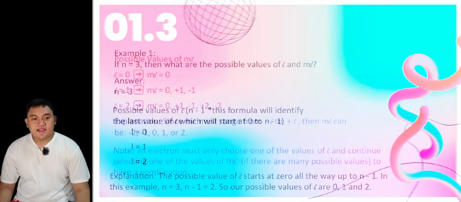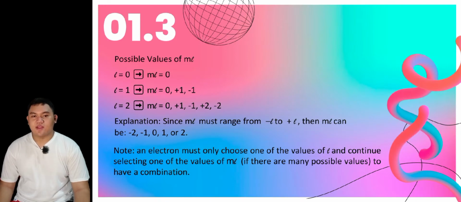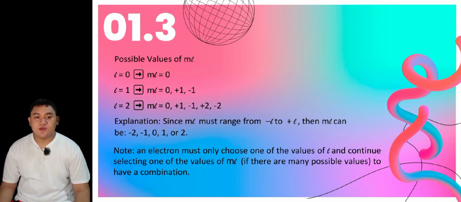Okay, so let's bring m sub L into the mix. When we have an electron at n equals 3, and let's say it chooses L equals 2, what are its options for the ML?